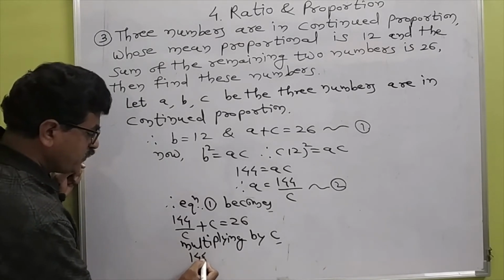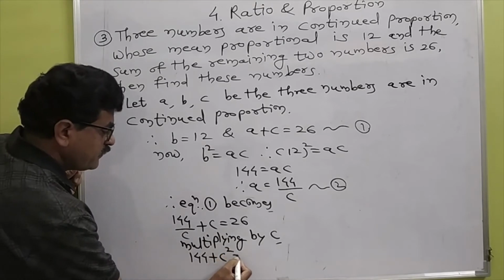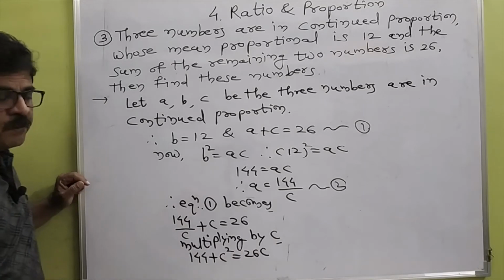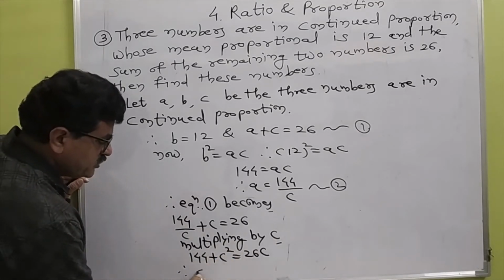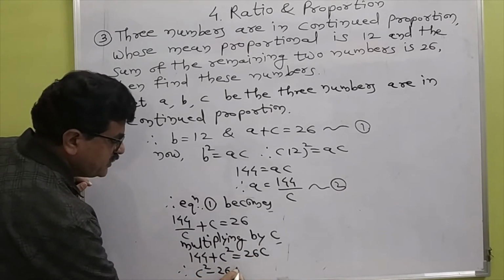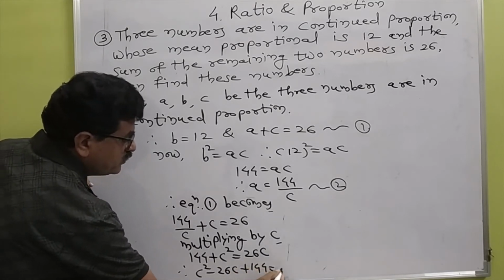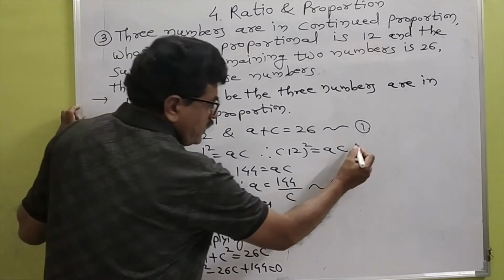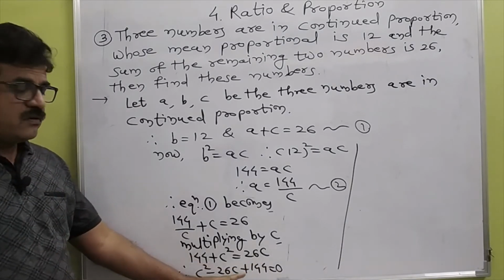Remaining term is 144 plus C square is equal to 26C. Therefore, we get quadratic equation, that is C square minus 26C plus 144 is equal to 0. This is a quadratic equation. Now we have to solve it by factorizing.